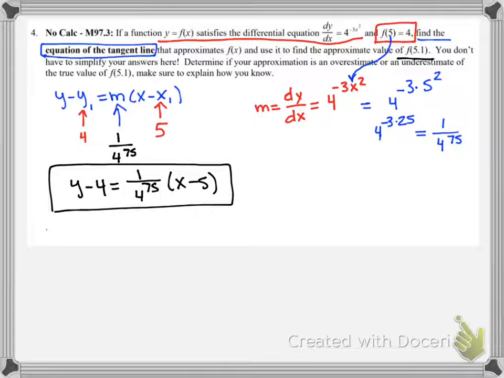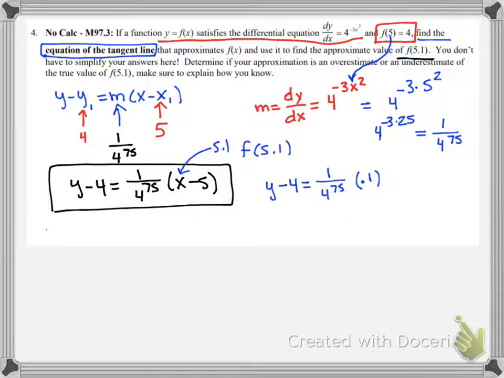So all that means is that I want an estimate when x is 5.1. So 5.1 will go in for x, and my estimate is y minus 4 equals 1 over 4 to the 75 times 5.1 minus 5, well, that's just really 0.1.